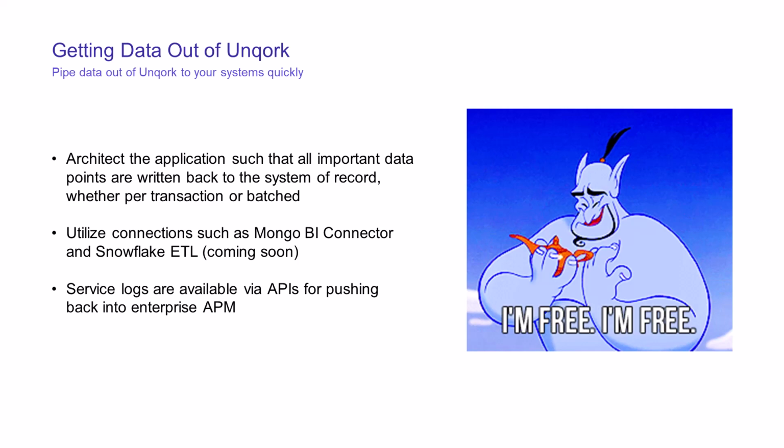It's very simple to write a small API config inside of Unqork that is going to push your logs to your general APM, which will help you consolidate your overall architecture service logs so you can monitor your applications or your stack in a more total approach, and you don't just have to think about Unqork as a standalone application on its own.